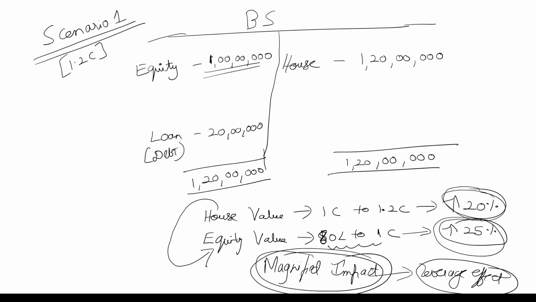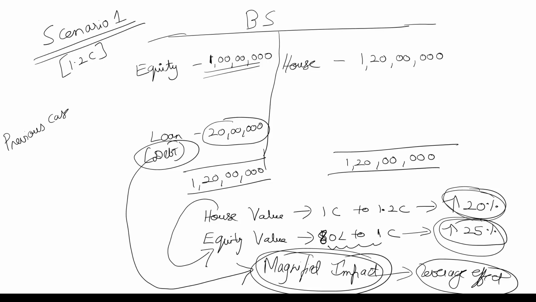Here also, the reason for this magnified impact is debt, because this was 20 lakhs in the previous balance sheet, and this is 20 lakhs here also. So debt does not change, and it contributes to the magnified impact. But if I put this with the previous discussions, you can observe that though there is a magnified impact, it is not as high as in the previous case, where we saw a 40% effect.